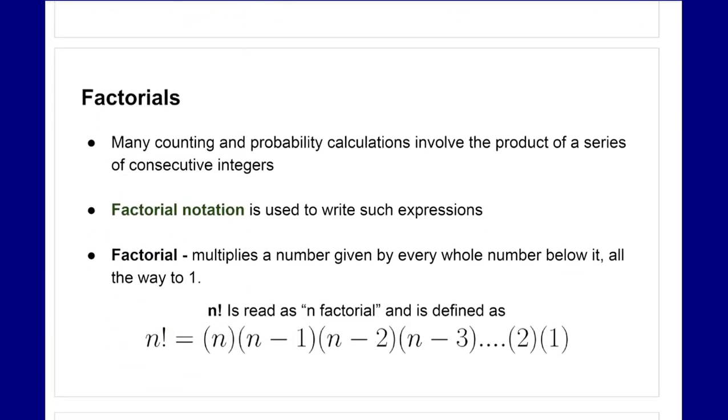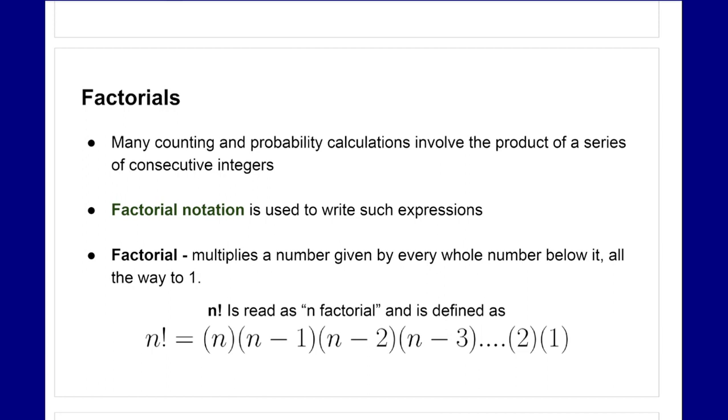Factorials are basically a way to simplify that counting that we just did. Many counting and probability calculations involve the product of a series of consecutive integers, or basically multiplying numbers that are one after another. So factorial notation is used to write such expressions. A factorial, by definition, multiplies a number by every whole number below it all the way to 1.